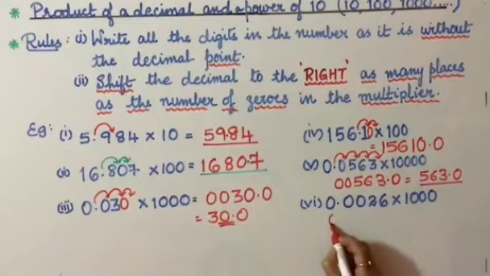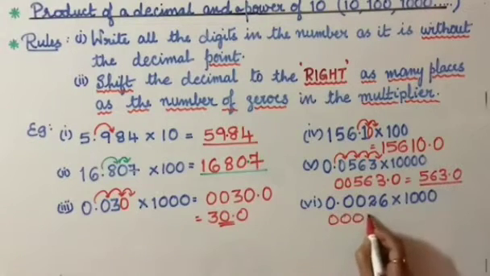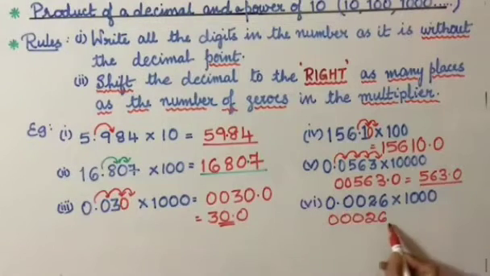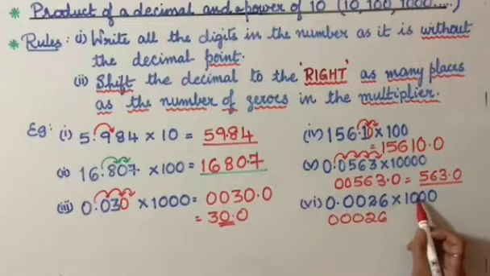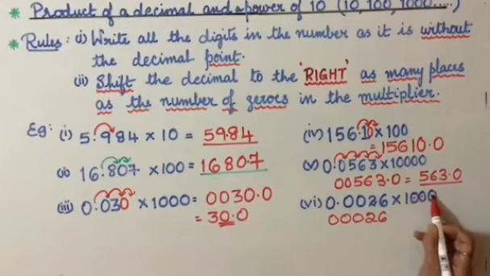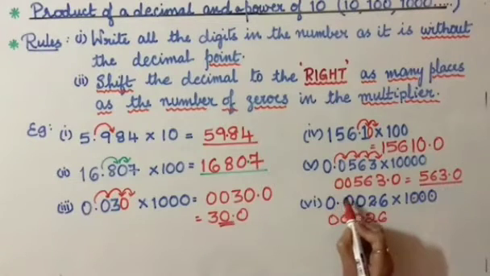The number is 00026. No decimal. Eliminate the decimal when you are writing this. Now count the number of zeros. 1, 2, 3. Your decimal is here.